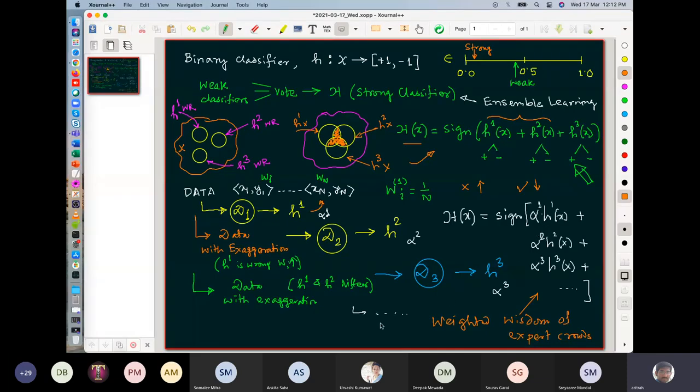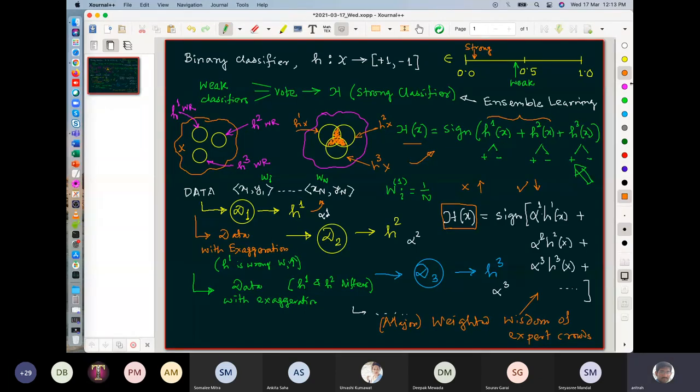And finally, the majority, I will not say average, the majority of the weighted wisdom of the crowd is this one. Agreed? The philosophy, now we will go to mathematical details, what we will be doing. Right? Yes, sir. Yes or no?